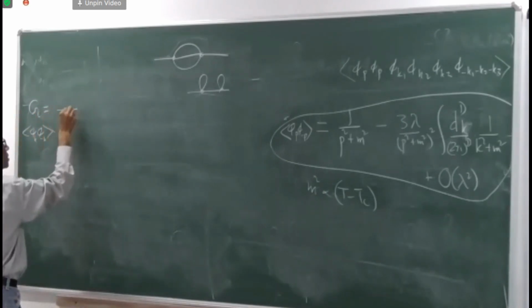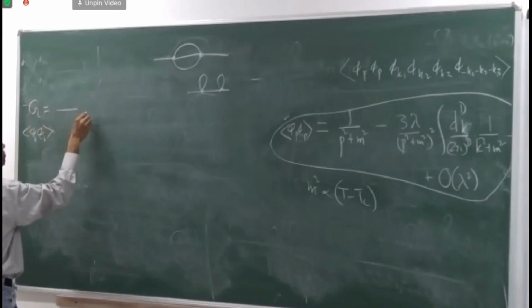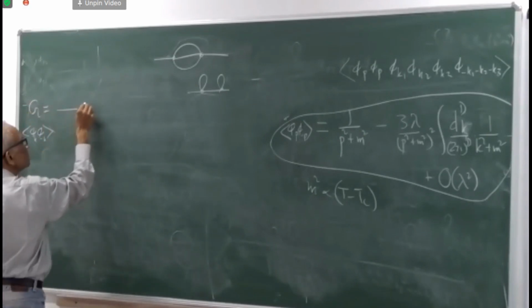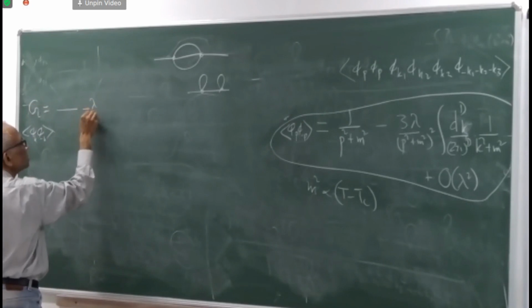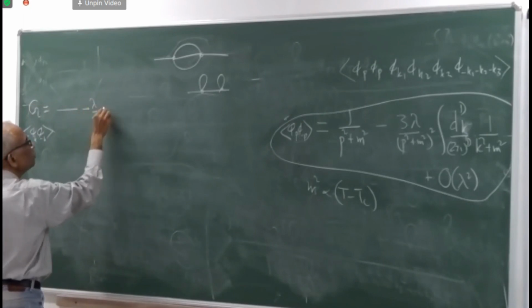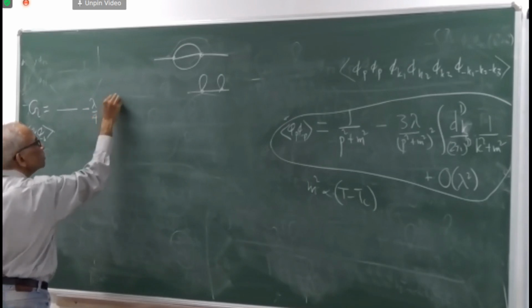It is this, the zeroth order propagator, 1 over, and then minus lambda by 4, combinatoric factor into this.